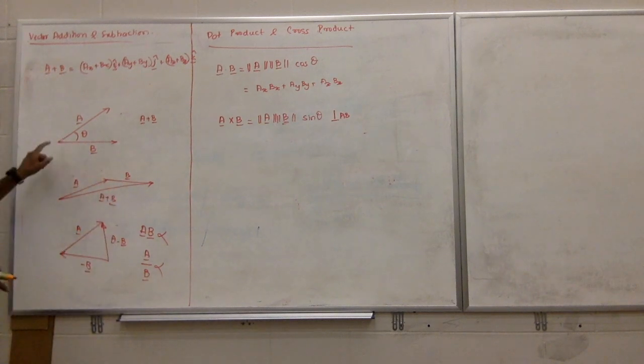If these two are the vectors, where is the perpendicular to this?